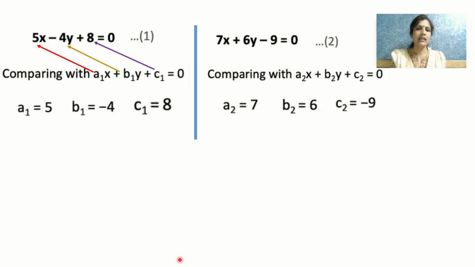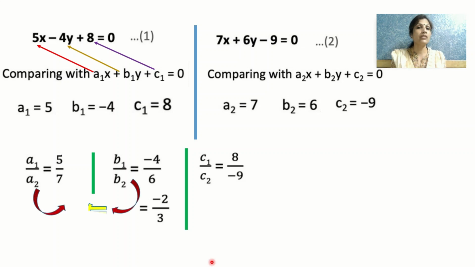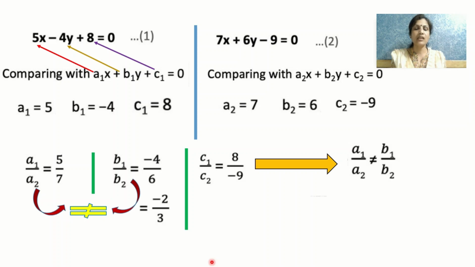Once you write this, let's find out the ratios. A1 upon A2 is equal to 5 by 7. B1 upon B2 is equal to -4 upon 6. We'll reduce it to lower terms and it is -2 by 3. And C1 upon C2, you get that as 8 upon -9. Now, if you observe, what do we see here? A1 upon A2 and B1 upon B2 are not equal to each other. And if that is the case, then the equations have one solution, that is unique solution.